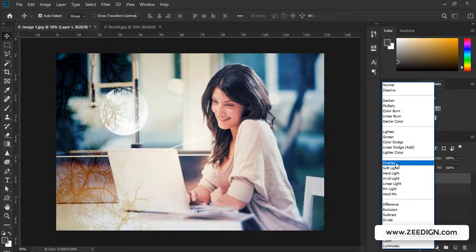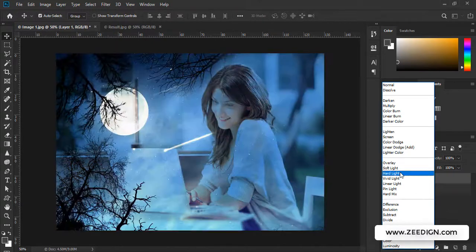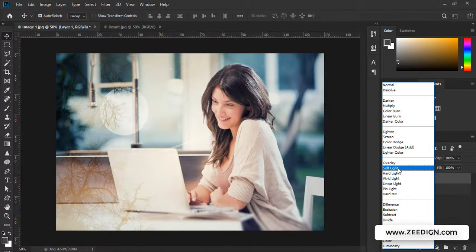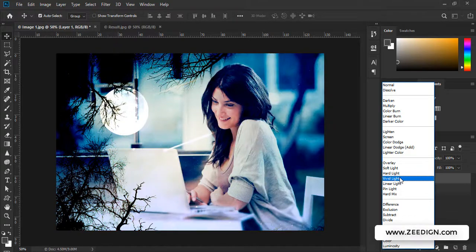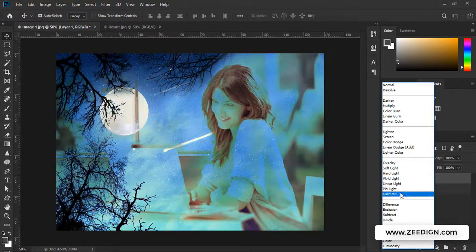So overlay is pretty much like multiply, but a little more merged. Then we have got soft light, hard light, and these are giving preference: soft light was giving preference to the bottom one, and hard light is sort of giving preference to the top layer. And then we have vivid light, linear light, pin light, and hard mix.